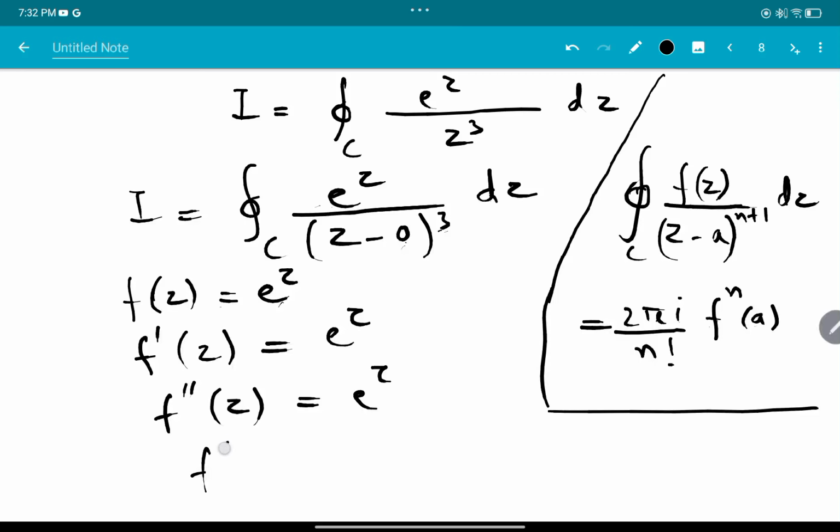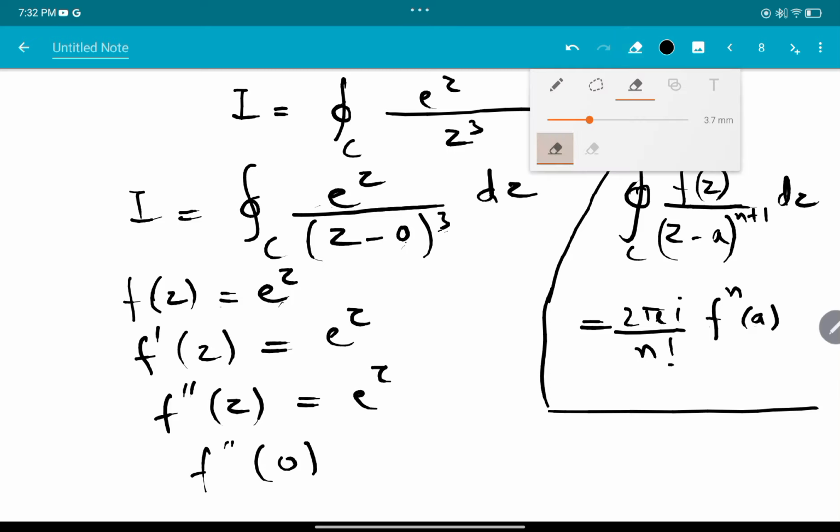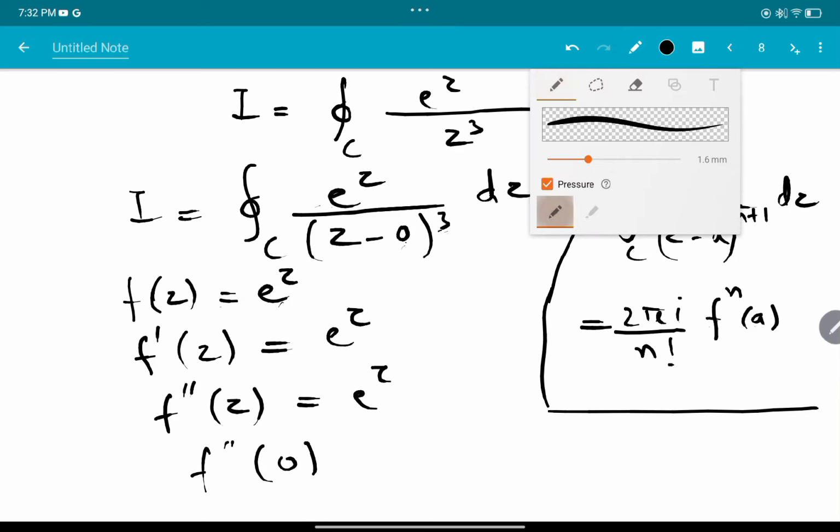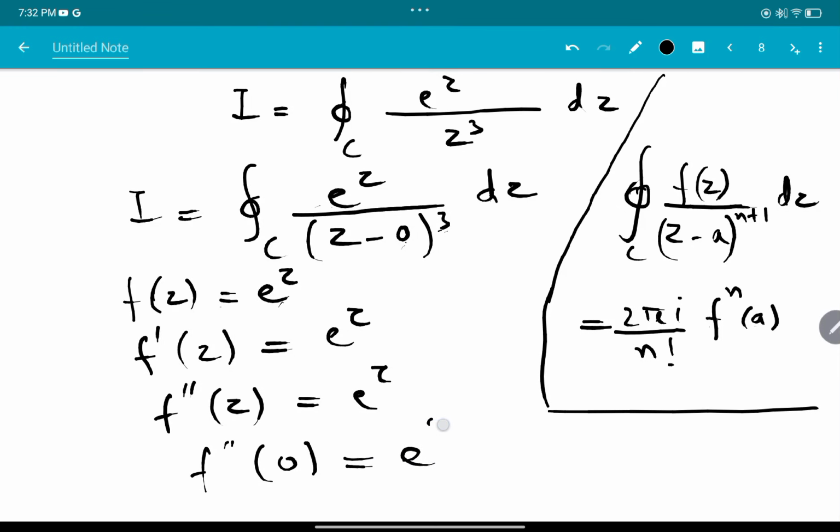So e raised to 0 is equal to 1. You have to differentiate this f(z) twice, without this other factor. When you differentiate, do not differentiate that. You are differentiating this.